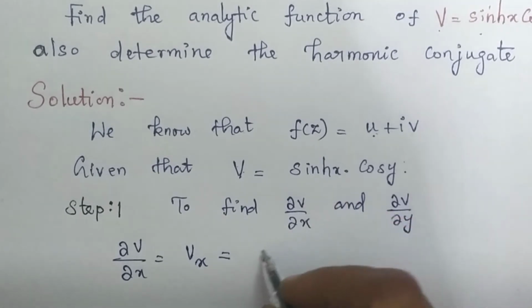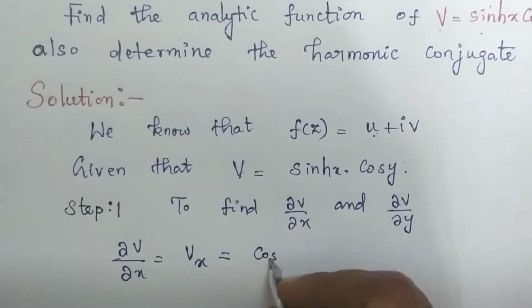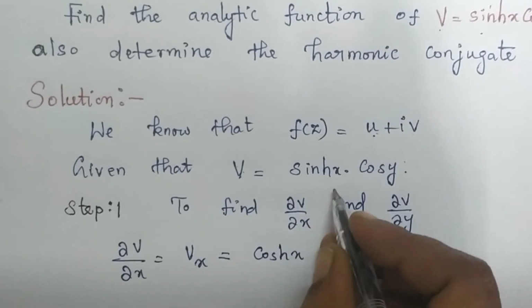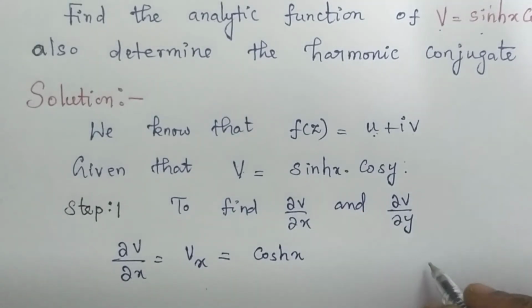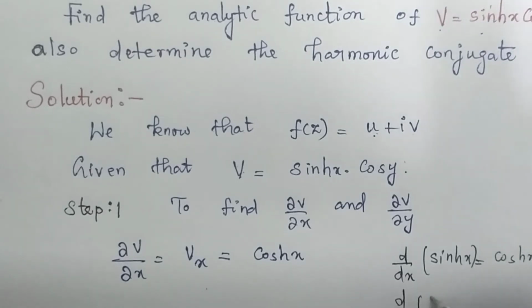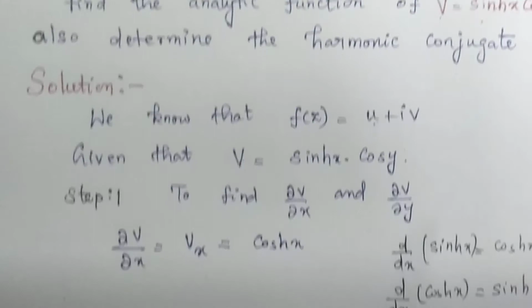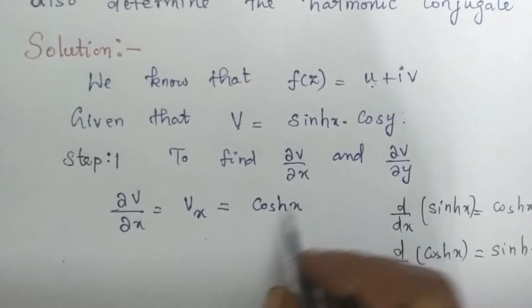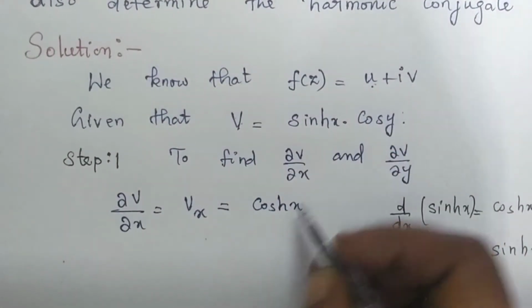The differentiation of sinh x with respect to x is cosh x. This is for the hyperbolic case: d by dx of sinh x is cosh x, and d by dx of cosh x is sinh x, with no negative sign. So sinh x differentiated gives cosh x into cos y.